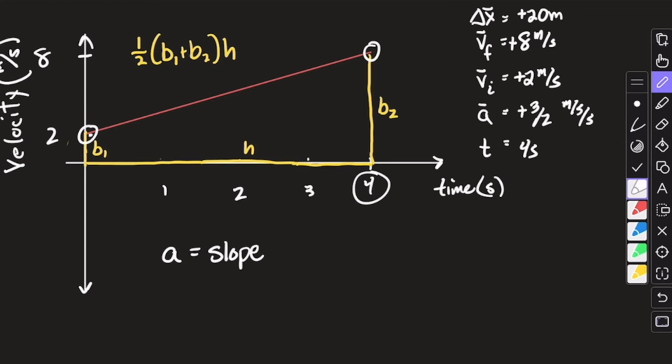When I say that the acceleration is the slope, that means the slope is the change in the y variable divided by the change in the x variable. The change in the vertical divided by the change in the horizontal. But our vertical on this graph were velocities, and our horizontal is time. If we want, we can express the acceleration in the other symbols that we have.